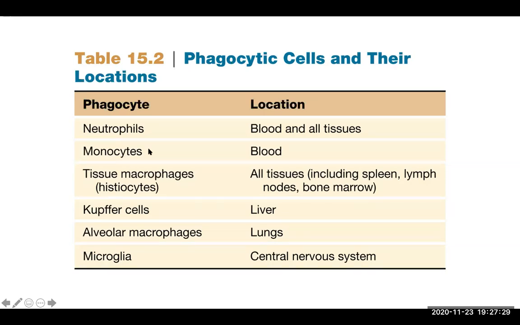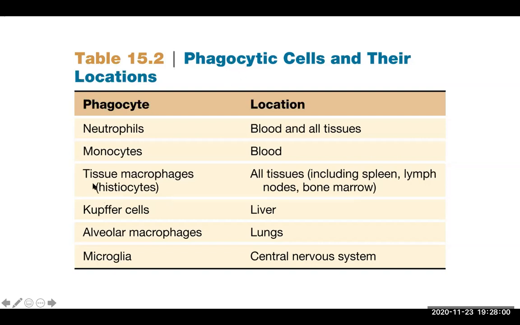We have monocytes, and we talked about monocytes circulating in the blood, and we also have some that live in the tissue, and monocytes can be turned into macrophages, or they can turn into dendritic cells. The purpose of a dendritic cell is to present antigen, which is why you don't see it on this chart, because this is talking about phagocytes whose primary job is to be a phagocyte and just clean up messes, right?